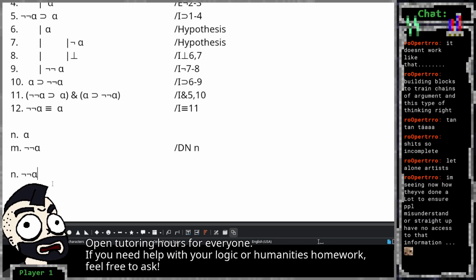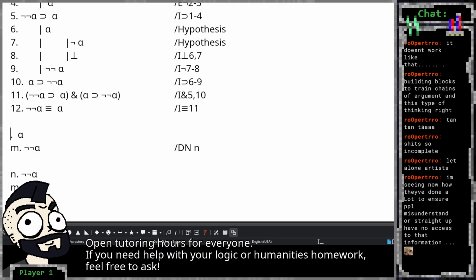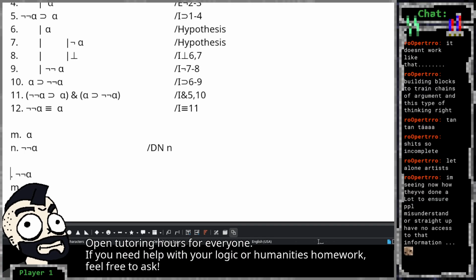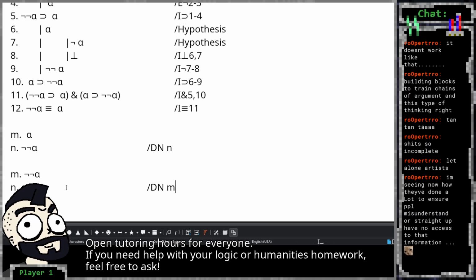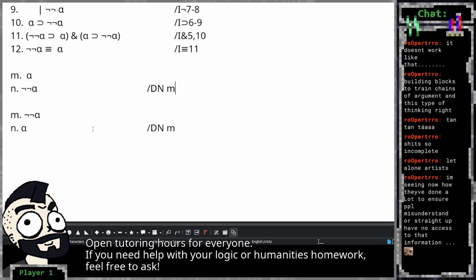If we have a double negation, then we can take away the negation in any further step of the proof.